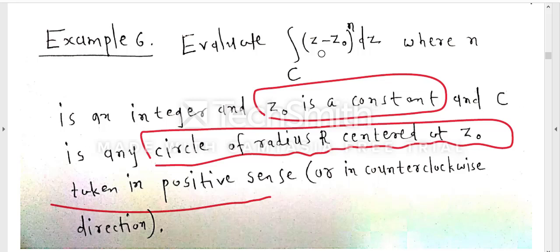So we know the parametric equations of a circle are z equal to radius into cos theta, radius into sin theta.